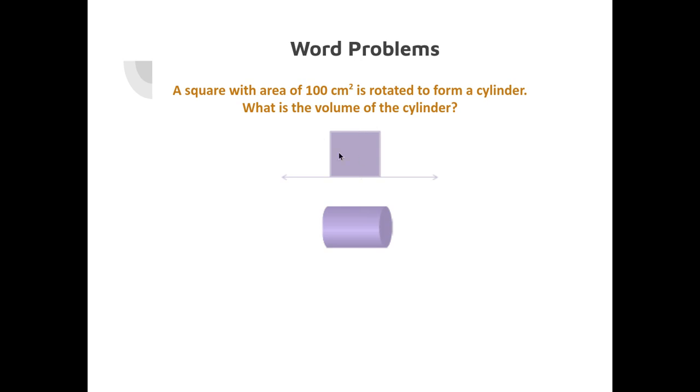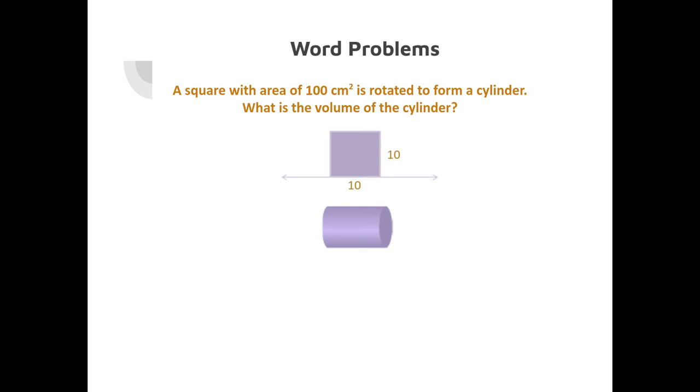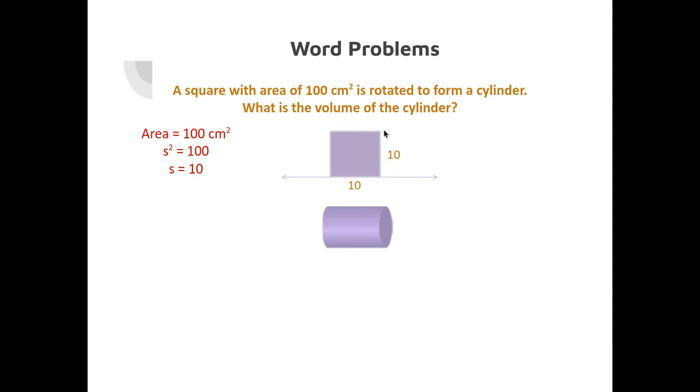So if the area of the square is 100 square centimeters, think for a moment and think how you would get what the sides of that square are. You said 10, right? Because 10 times 10 is 100, or you can do it mathematically. Okay, so now let's translate that to, what is this 10 and what is that 10?